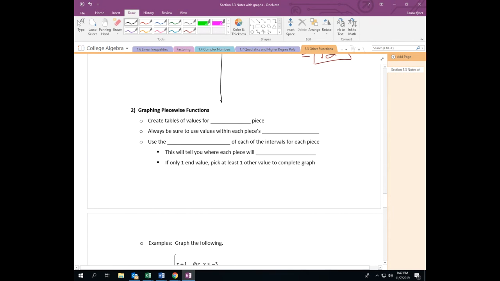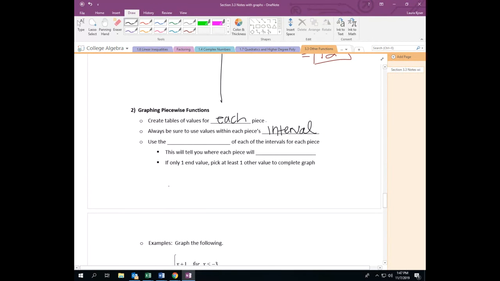We are going to create tables of values for each of the pieces in the piecewise function. And we are going to base our table of values on the appropriate given intervals. So when we pick our values for our table, we have to make sure that we are in the interval allowed for that piece. We also want to make sure that we use the endpoints of each of the intervals.